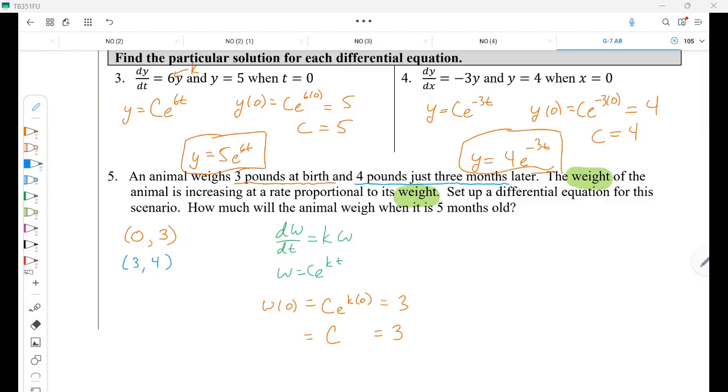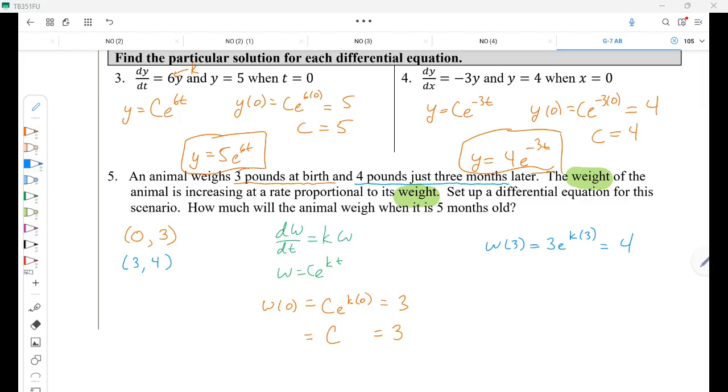Now we can jump to the blue quantity, or the second point, and solve for k, because we know that c is 3. So W of 3 equals 3 e to the k times 3, and that equals 4. So I've plugged in 2 different 3's there. We know that the capital C is 3, and the t value is 3 as well.